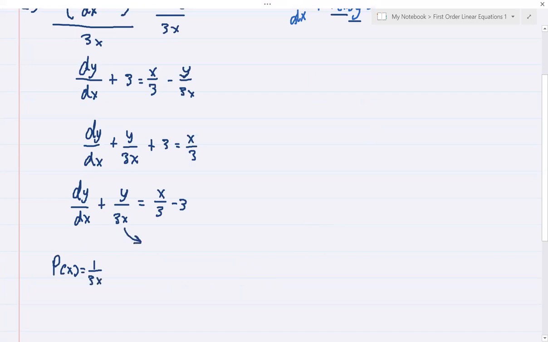Because I can decompose y all over 3x into 1 all over 3x times y, and this is your p of x. Next is your q of x, which is on your right side: x all over 3 minus 3.